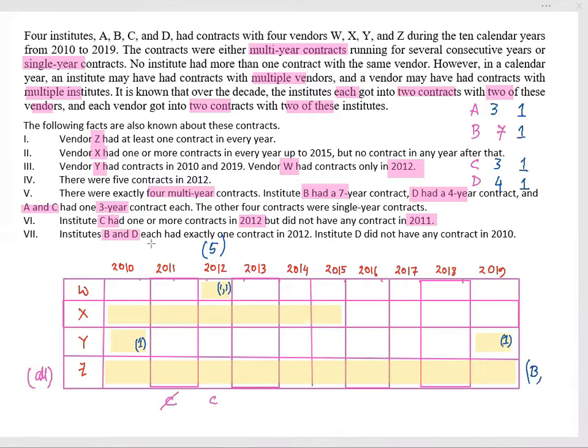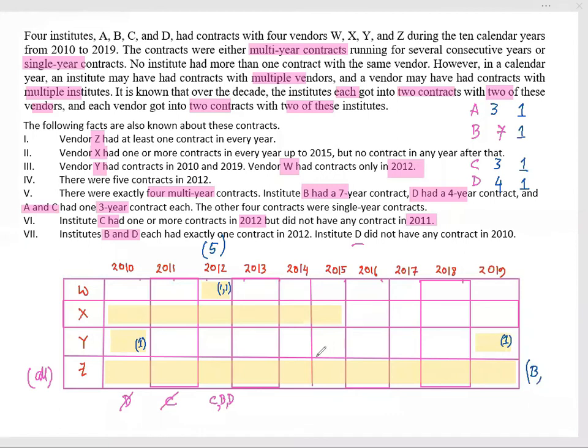So B and D need to be here also. So in the year 2012, C, B and D, 3 have contracts. Institute D did not have any contract in 10, so D needs to be not present in 10. So these we need to fill in.